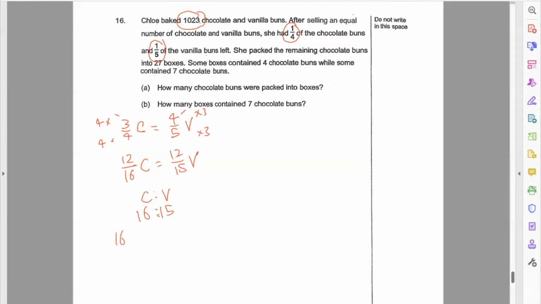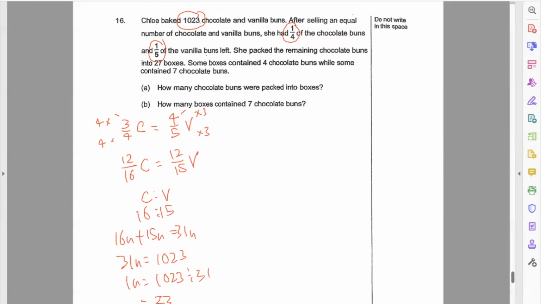So therefore, 16 units plus 15 units must be equal to 1,023 buns. 16 plus 15 is equal to 31. So 31 units is equal to 1,023. 1 unit will be equal to 1,023 divided by 31. And that will give you 33. So that's the value of 1 unit.